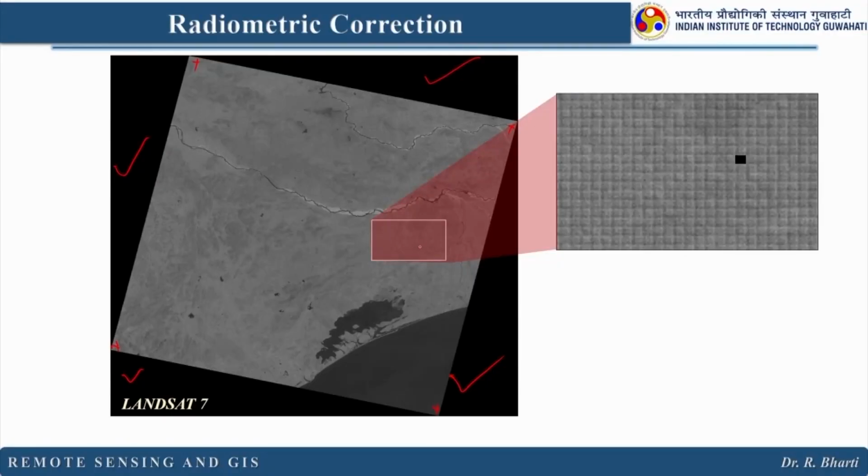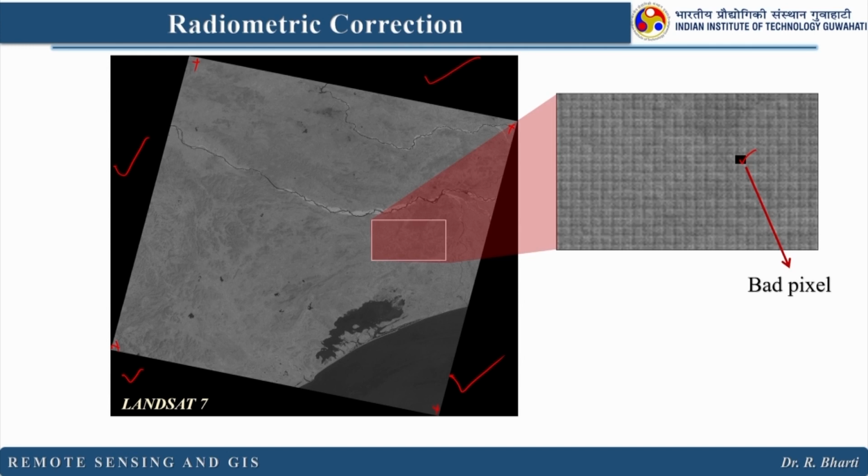Now if you find it, it will be something like this. If you see this particular area, we have found one particular bad pixel. Here this is black, right, and all other surroundings are bright. So it clearly indicates there is a problem with this particular pixel. It is known as a bad pixel.